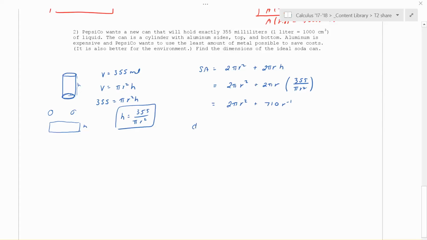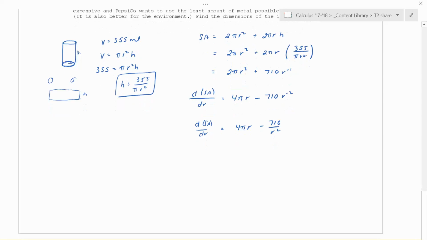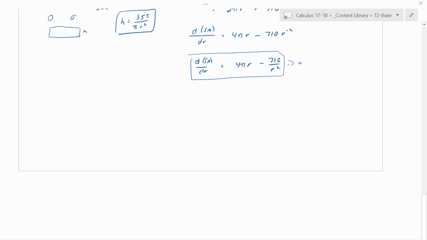So the derivative of the surface area with respect to r is 4 pi r minus 710 r to the -2, or dSA over dr is 4 pi r minus 710 over r squared. We'll set that equal to 0 as always.